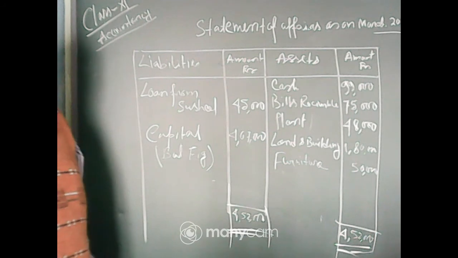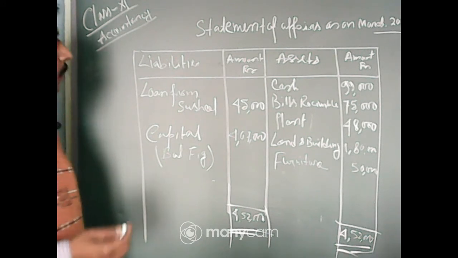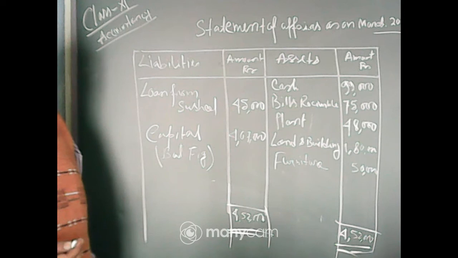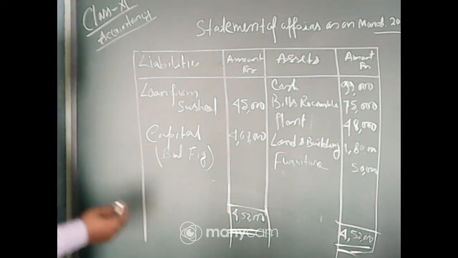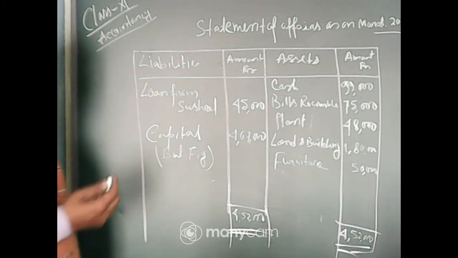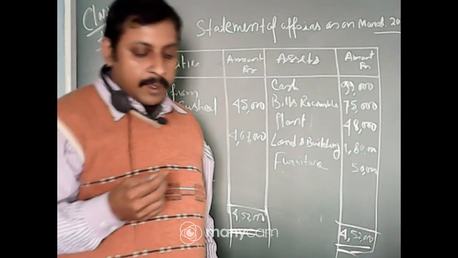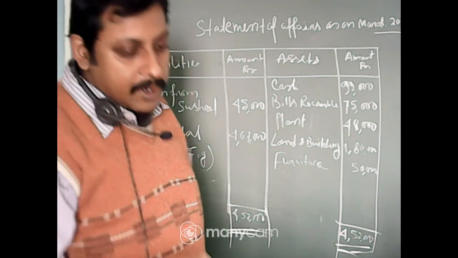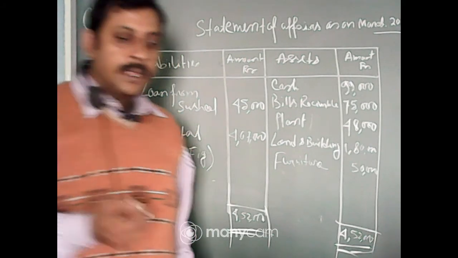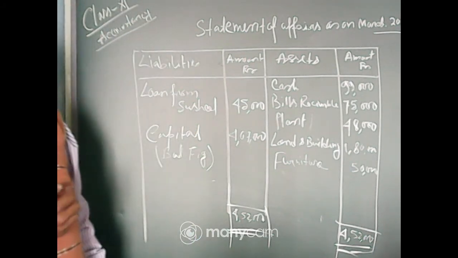In some questions you sometimes need to make the opening statement of affairs also, for opening capital. Otherwise, you cannot reveal the profit, because the core information which I have said already is opening capital, closing capital, drawing, and if there is any additional capital it is compulsory.